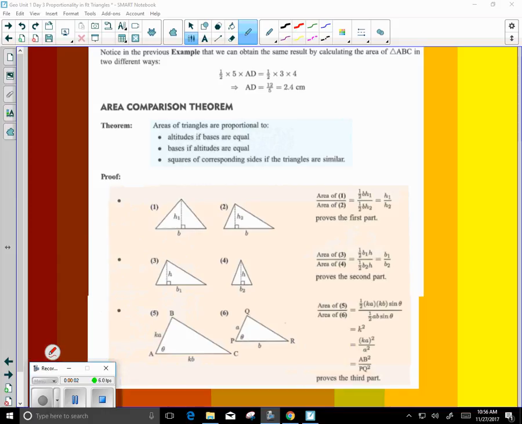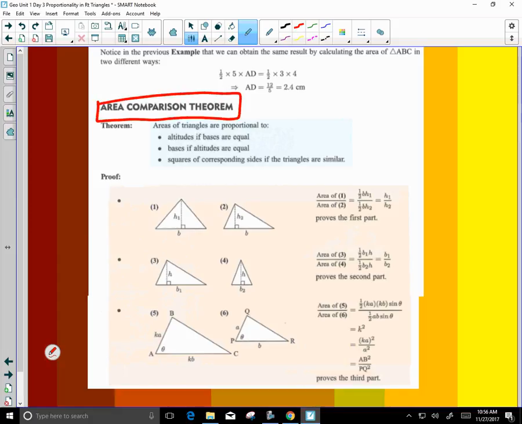All right, so we're going to look at the area comparison theorem, and all of these are going to seem really basic when you look at them. Let's say you have two triangles that have the same base b. This is b, the base, and obviously they have different heights.